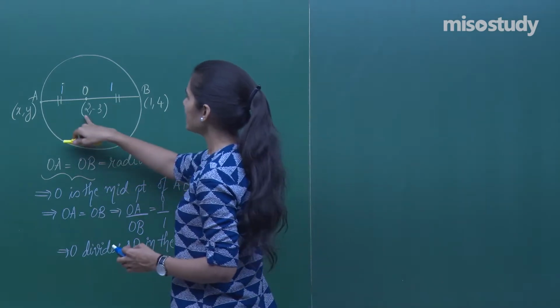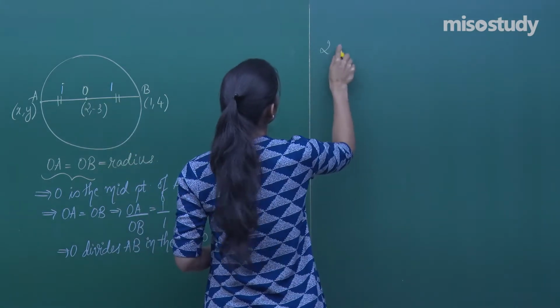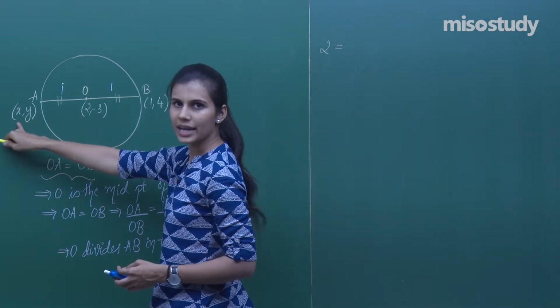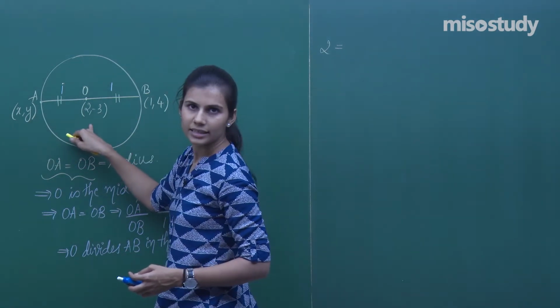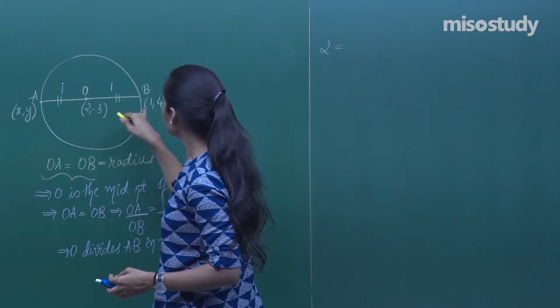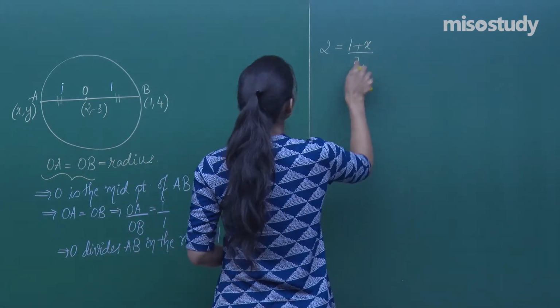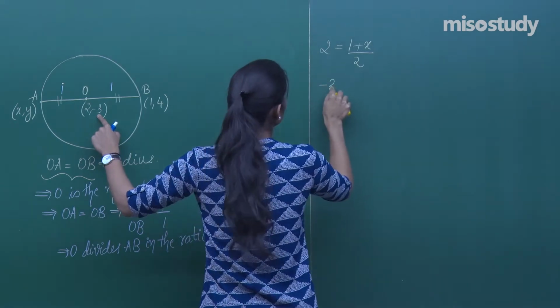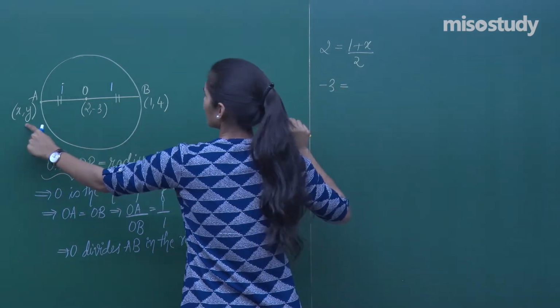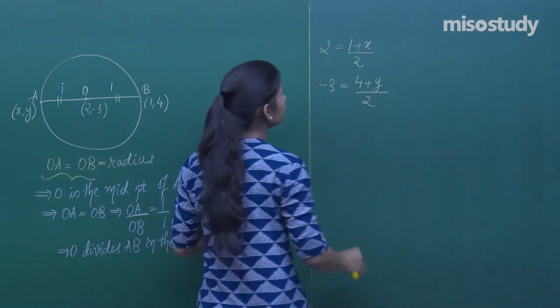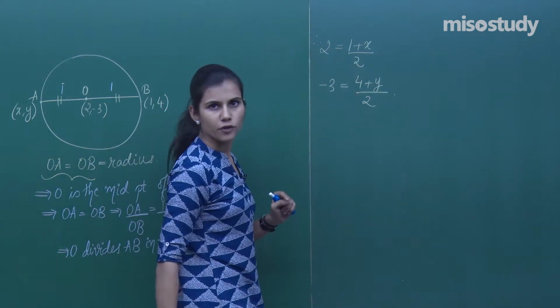You should know that the x coordinate of the midpoint is equal to the sum of the x coordinates of the two extreme points of the line segment AB, whose midpoint is O. You add 1 with x divided by 2, and the y coordinate of the midpoint is equal to the sum of the y coordinates, that is 4 plus y divided by 2, by the section formula, right?